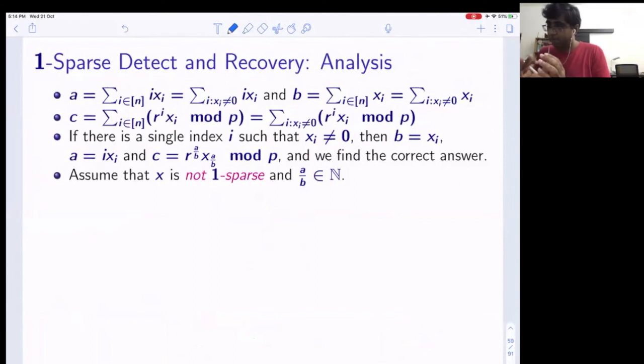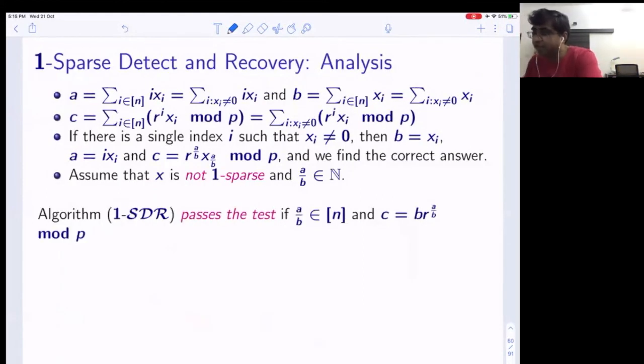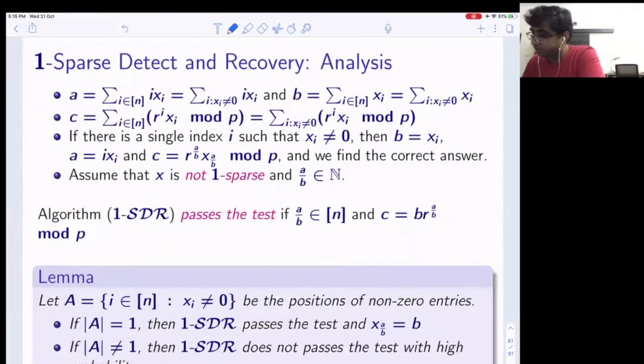But the problem happens. If you have a single one, then this is fine. But assume that x is not one-sparse and A/B is in [n]. So let's say that the algorithm, the one-sparse detector, passes the test if A/B is in 1 to n and C equals this mod P. I'm going to prove this lemma to you.